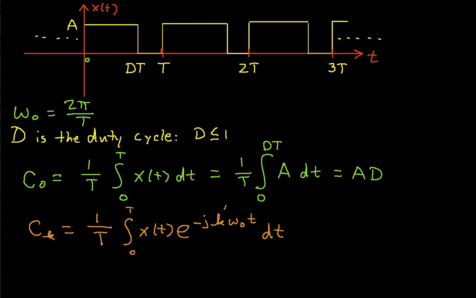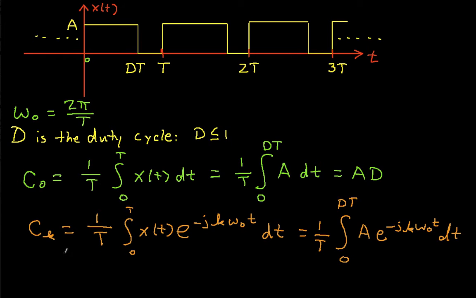This is the formula for c sub k when k is not equal to 0. Again, x(t) is a when t is between 0 and dT and 0 otherwise. So I can write this as the integral from 0 to dT of a e to the minus j k omega 0 t dt.